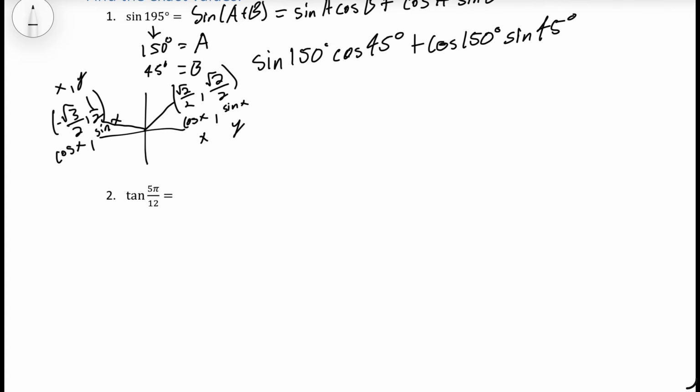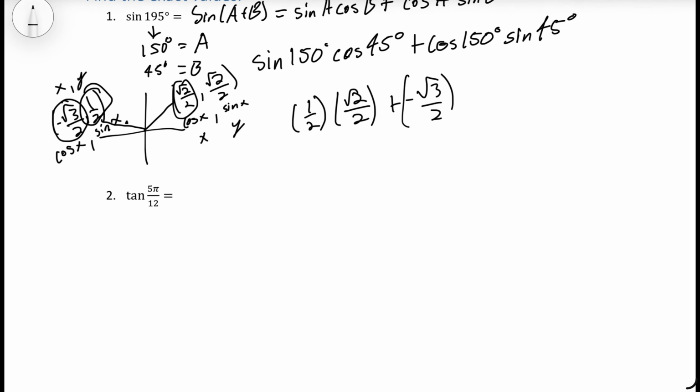So we have sine 150, this angle right here, sine 150, 1 over 2, and then our cosine 45, which would be this one, radical 2 over 2, plus cosine 150, which will be negative radical 3 over 2, times sine 45, which would be this one, radical 2 over 2.